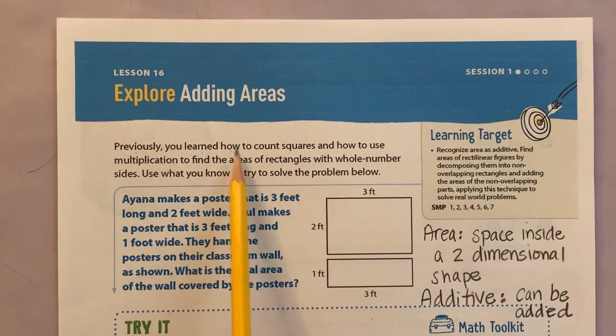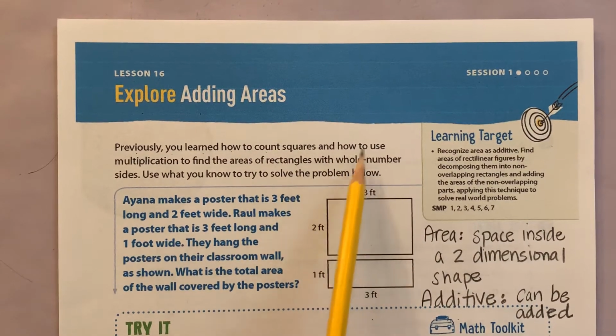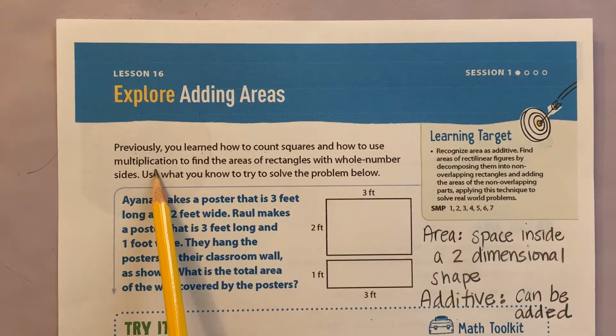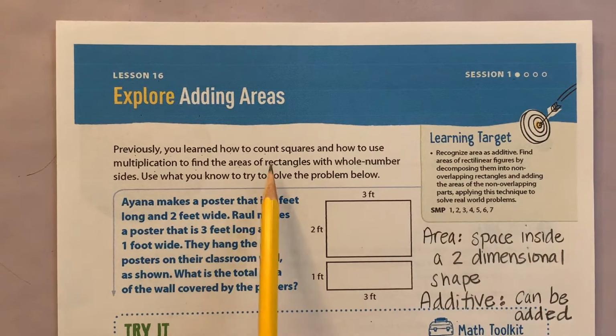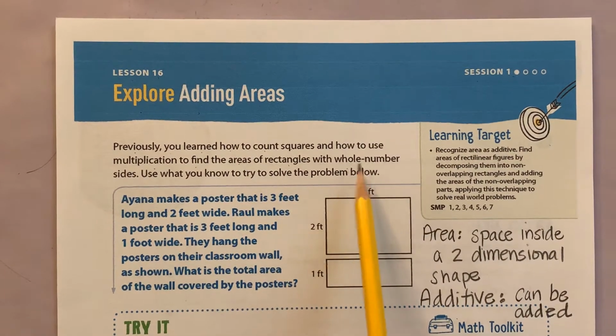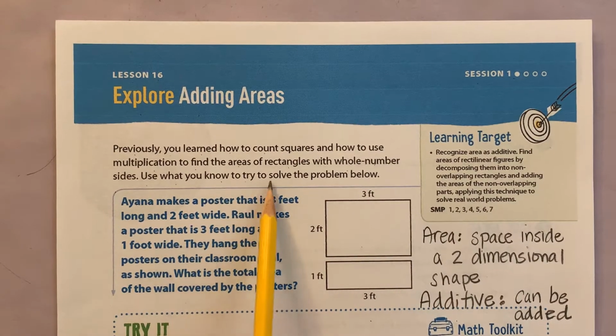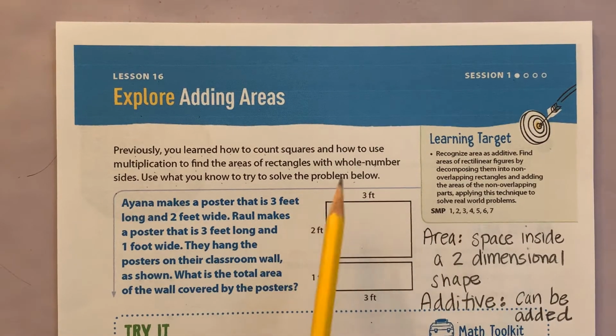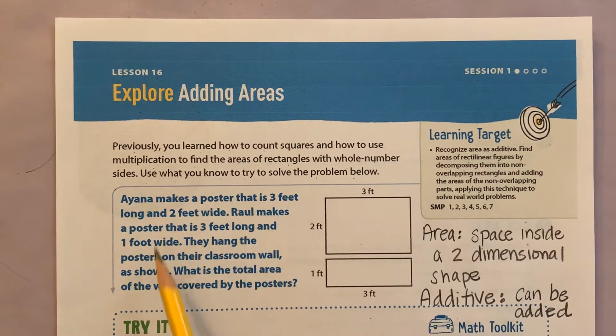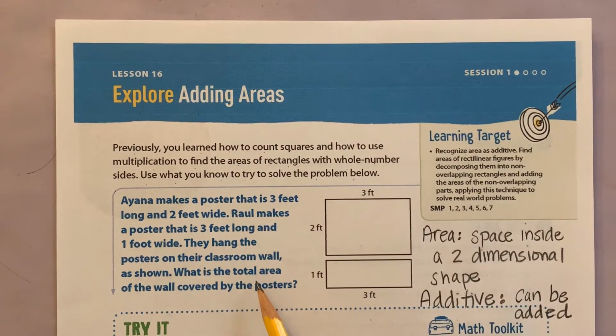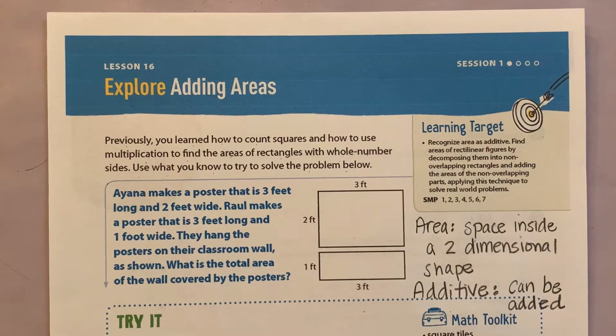Previously, you learned how to count squares and how to use multiplication to find the areas of rectangles with whole number sides. Use what you know to try to solve the problem below. Before we start our word problem, there are some words we've talked about that I want to make sure we remember.